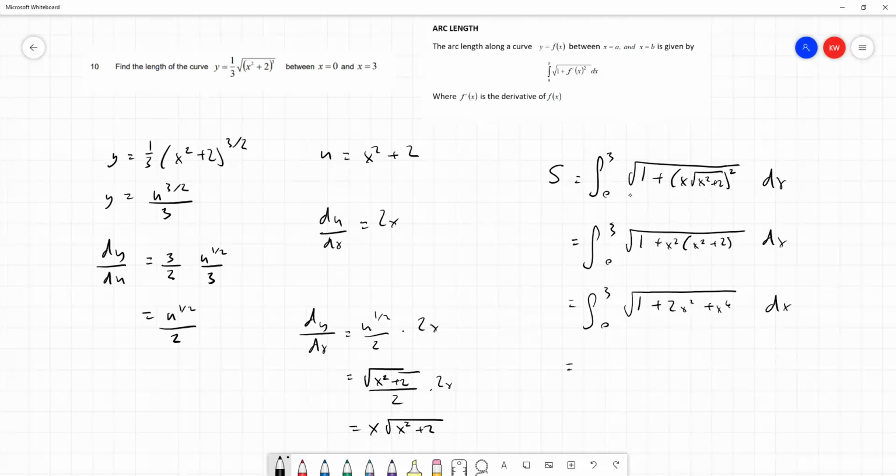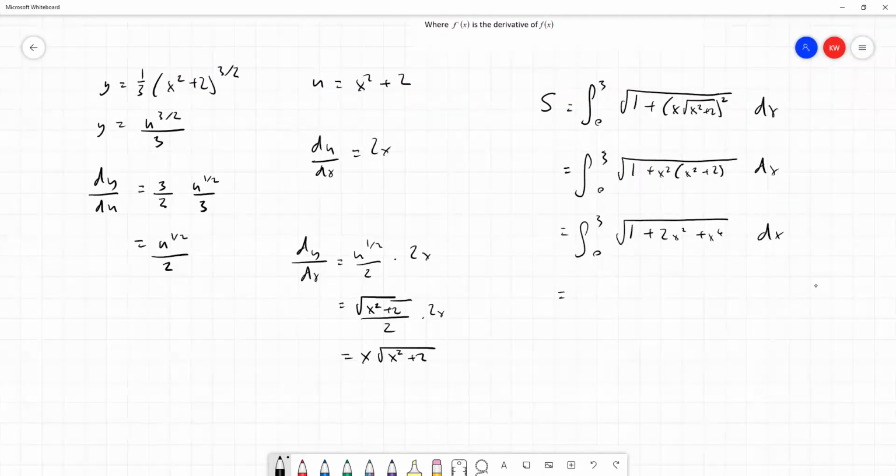It might not appear obvious where to go from here, and we wouldn't in this unit attempt to integrate something like this directly, a polynomial of degree 4 inside a bracket to the power half. We don't need to, but we need to make an observation about how we can factorize this polynomial.